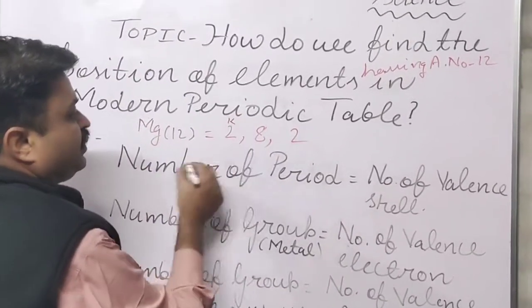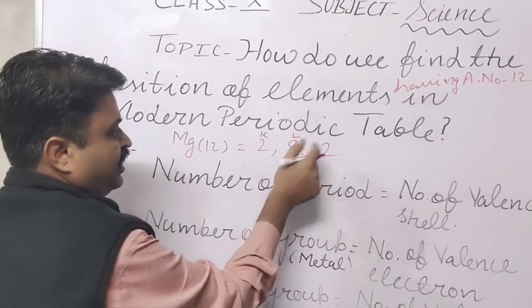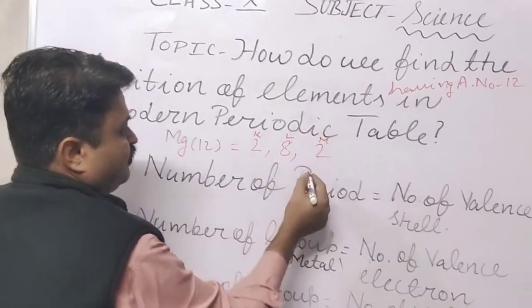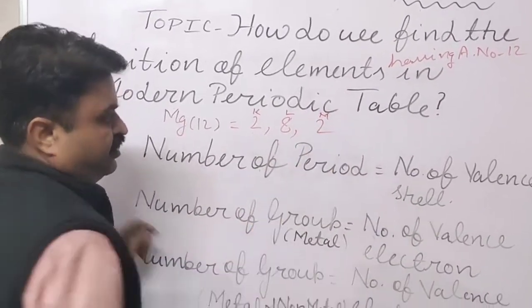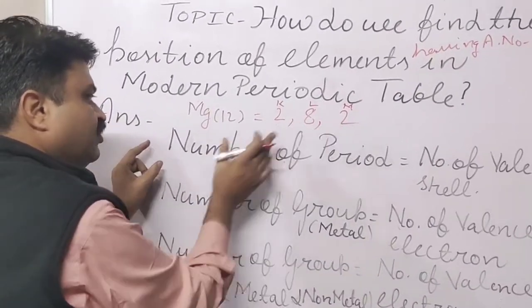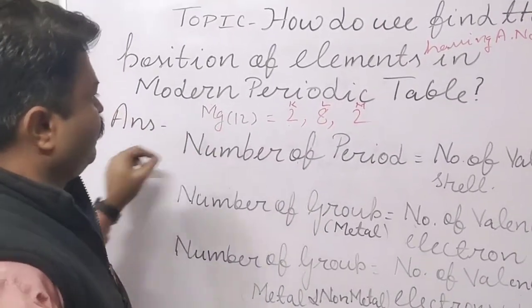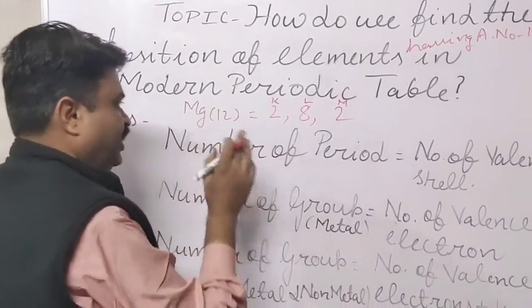In this, in the K shell there are 2 electrons, in the L shell there are 8 electrons, and in the M shell there are 2 electrons in the outermost shell. So with the help of this you can easily know the position of magnesium, the element with atomic number 12.